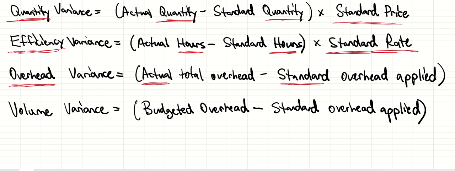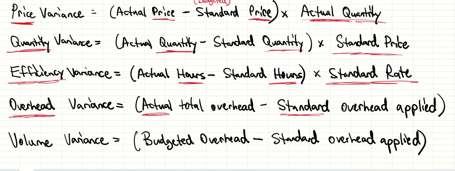But what was actually applied versus what they actually budgeted for, they want to compare the two to figure out, okay, which one is good or bad, which one is going to be positive or negative. So that's volume variance. It's no different than these other variances as far as the concept.